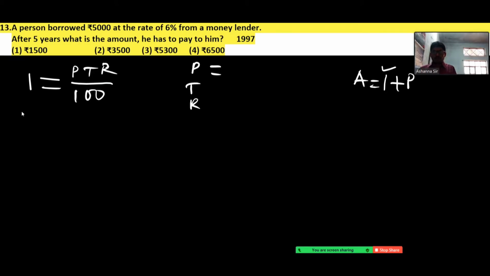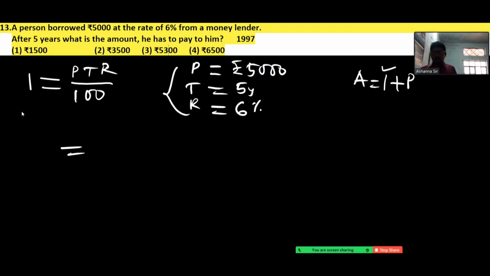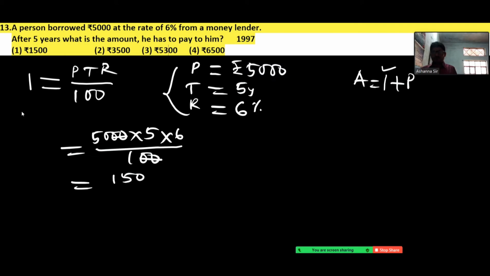Principal 5,000 rupees, time 5 years. After 5 years means 5 years. Rate of interest 6%. Now we have to substitute these values in this formula. 5,000 into 5 into 6 by 100. 2 zeros get cancelled. 5 fives are 25, 25 sixes are 150.